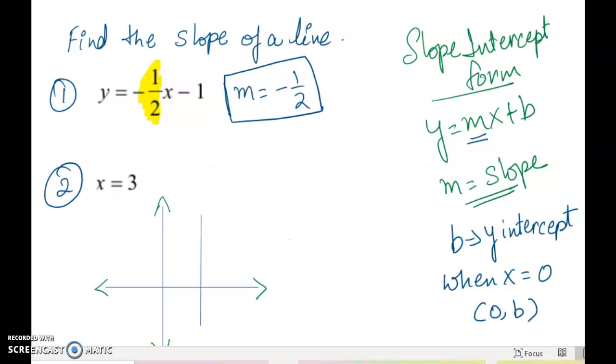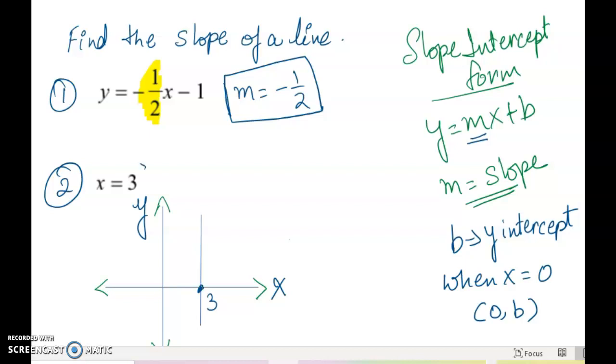X is equal to 3. I tried to graph it. X-axis is horizontal and y-axis is vertical. If I try to graph it, there is a y value, and the y value keeps on fluctuating, but the x value will remain static.